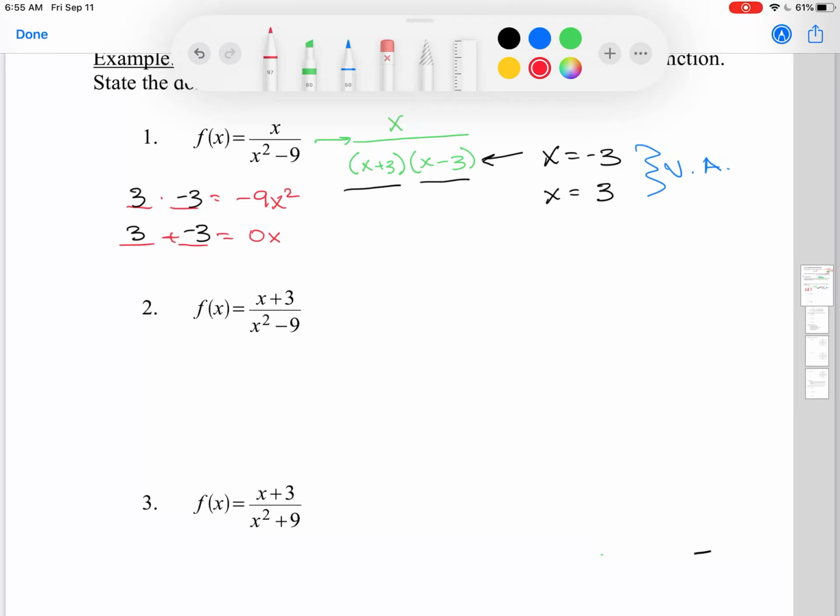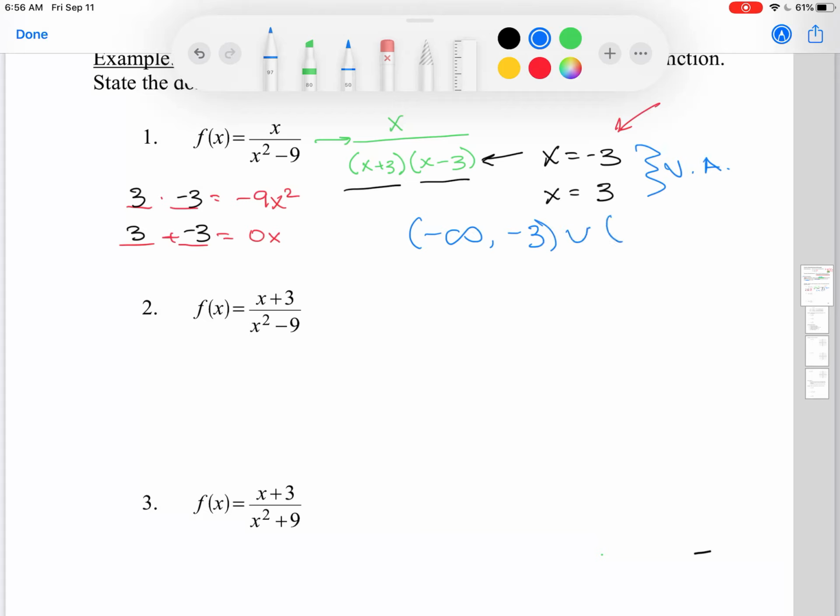And the last part to the directions were to talk about the domain. So again, this was on your Unit 1 test or on your practice test if you're going to go and redo it. All right, so when I know the domain, I have to pay close attention to these restrictions coming from the denominator. So I'm going to have negative infinity to negative 3.